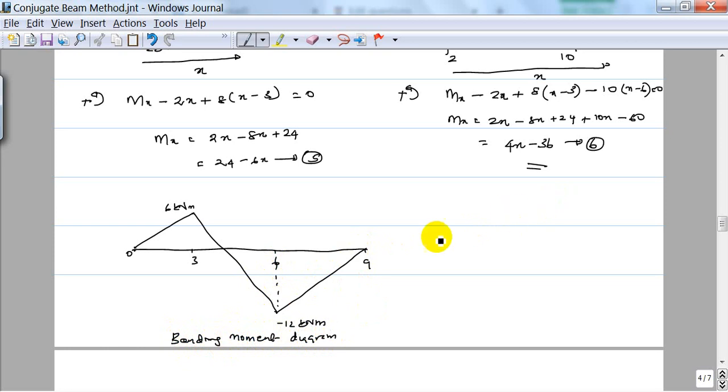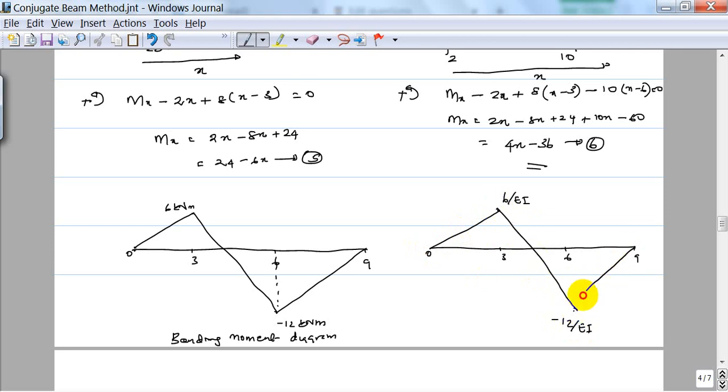Now if I want to plot the M over EI diagram, I have to divide all the values by EI. So since EI is constant, I can draw 0, 3, 6 and 9. At 3 it is 6 over EI, and here it is minus 12 over EI, and I have the same graph.